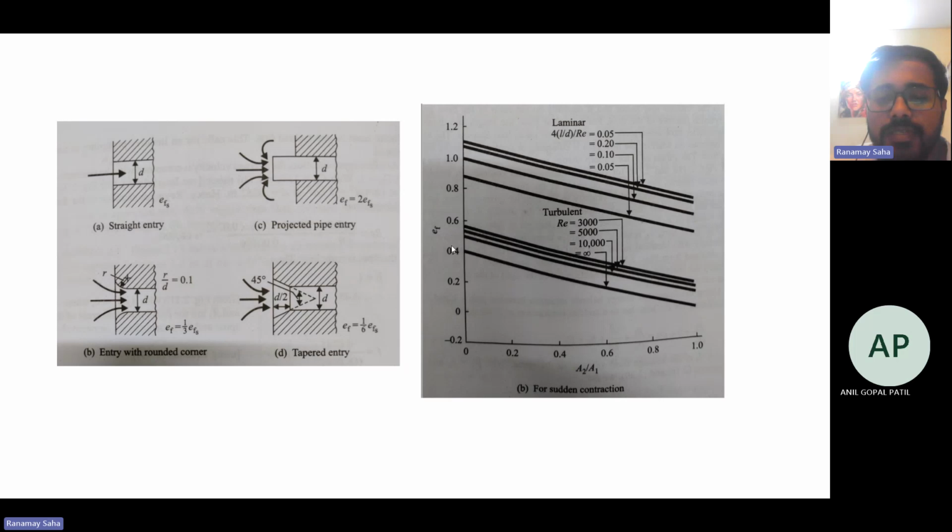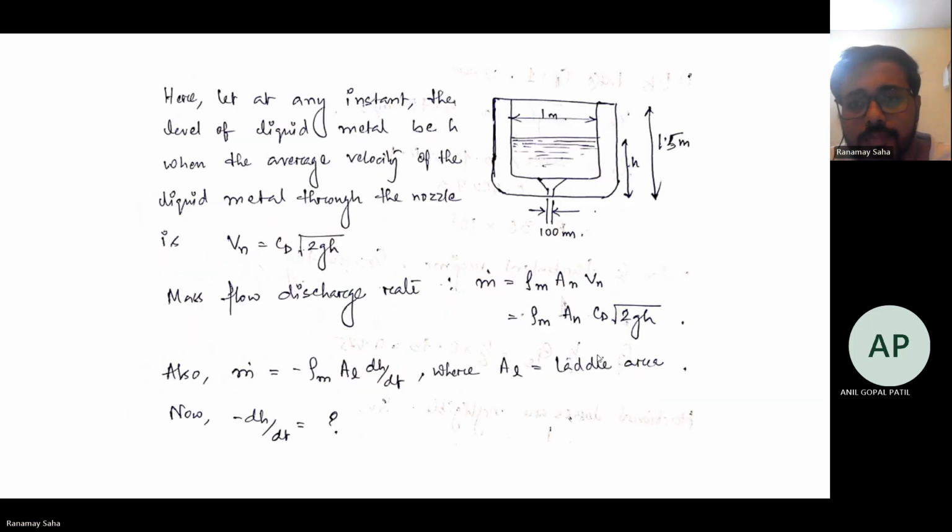Here, if you see, this plot cuts the y-axis at around some value. Why have we taken 0.45, and why only this point? Because if you look at the ratio of A2 and A1, you can see the ladle is quite large compared to the nozzle area. The nozzle area is only in mm and the ladle is in meters, right?